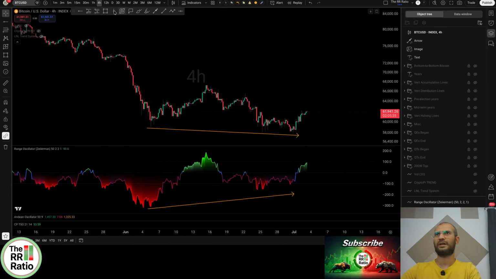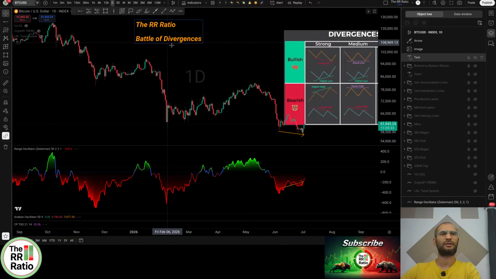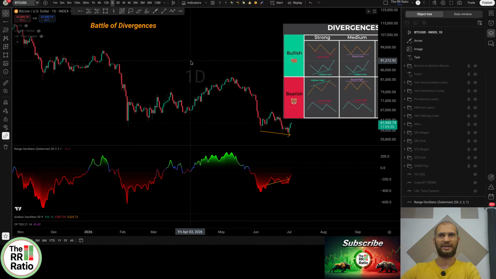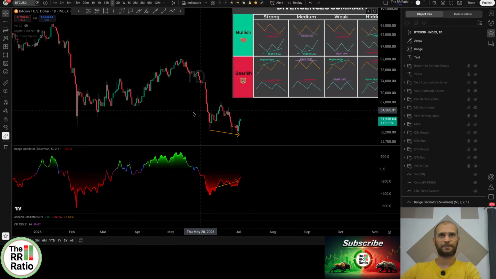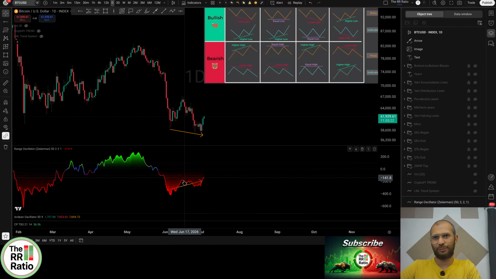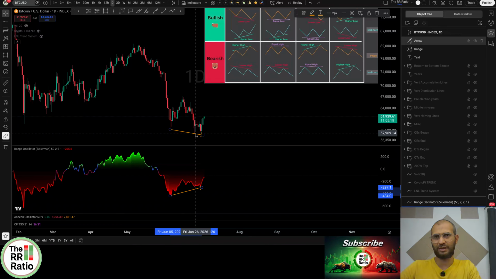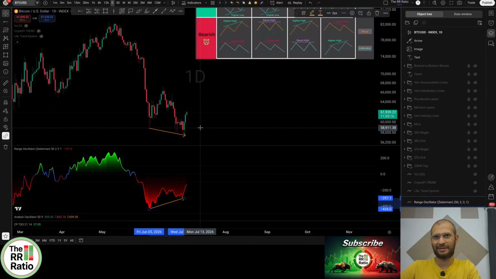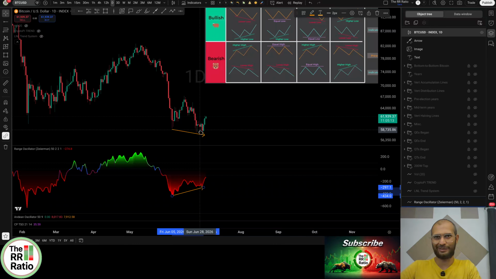If I go back to the higher time frame, which is our daily time frame, my understanding would be that we had this bullish divergence.